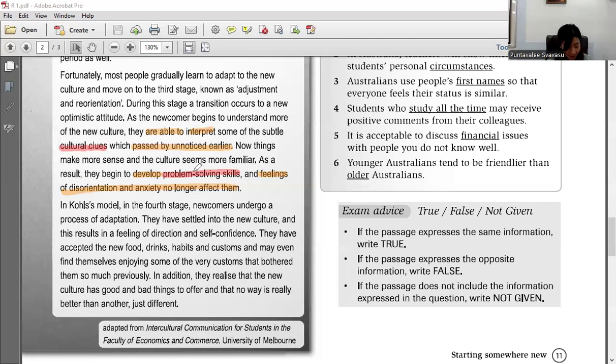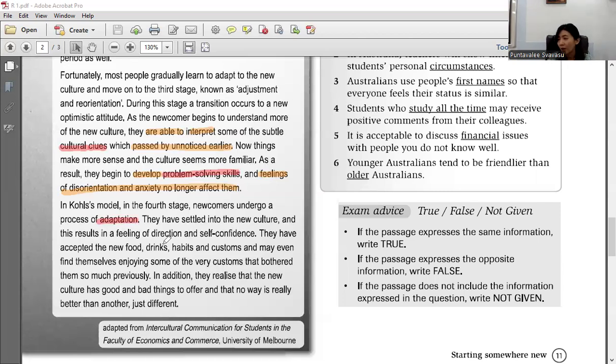And the last one, item 13. We don't want any information, just the name. This one doesn't state the name directly like other stages, where it would say "known as" or "referred to as". But the answer is "adaptation". It could be "a process of adaptation", but that's too long, so the key word is "adaptation", and you only have to answer "adaptation". After that come details like "they have settled", which explain it, and we don't want them because they don't ask. That's how we complete the task.